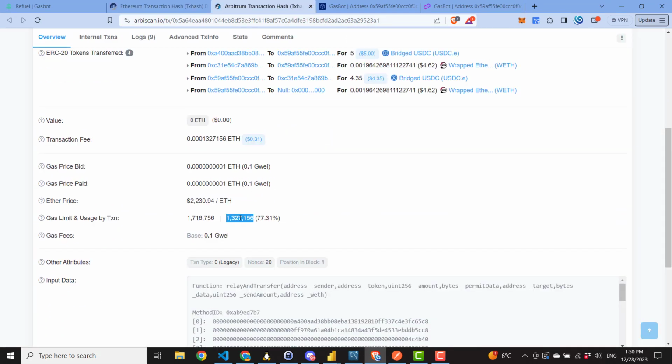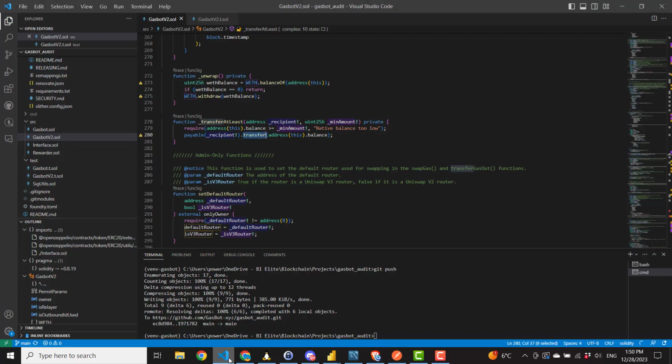So basically 10 times. So for that reason, I didn't want to use .call with a gas stipend, like 30,000 gas, because I just wasn't sure how that was going to work on Arbitrum. I figured that using .transfer will just use the correct implementation of transferring native to a user, based on parameters set within their environment.